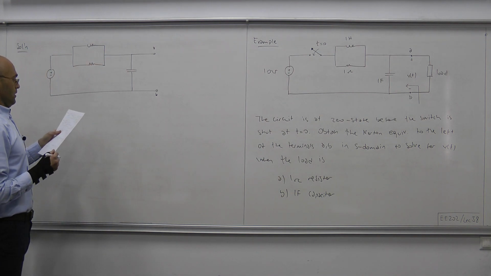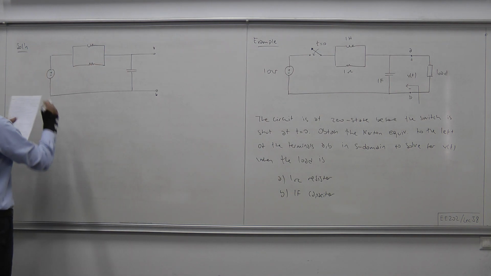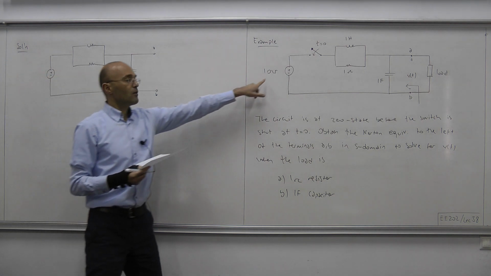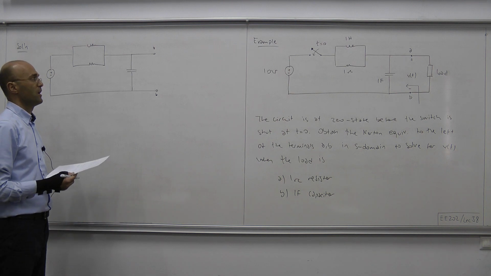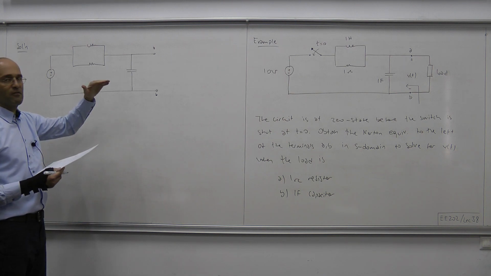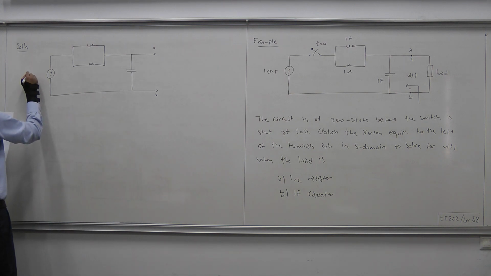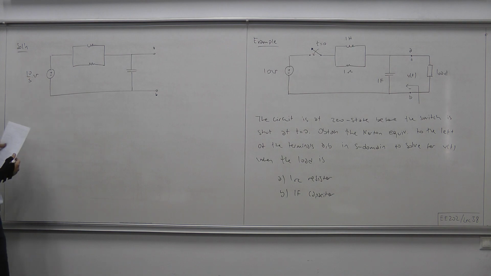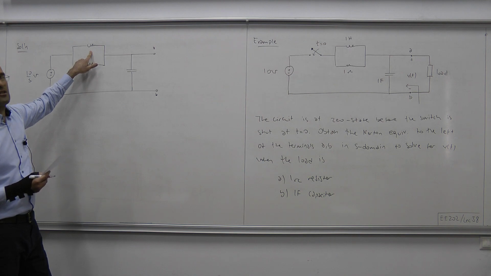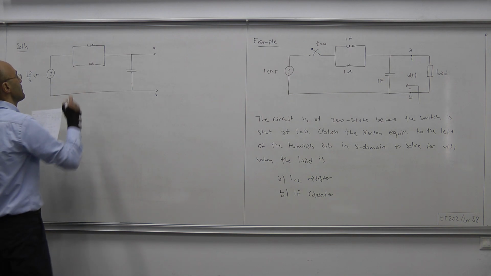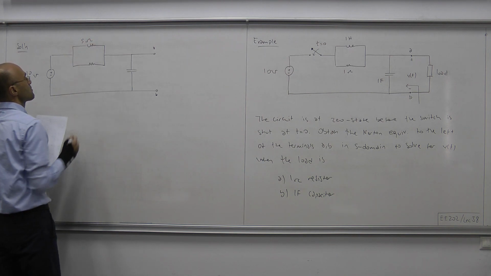Okay, now this is the voltage source in time domain. Since it's a constant source, in S domain it's just that value divided by S. So we have 10 over S volts. The impedance of the inductor is S times L, L being 1, we have simply S ohms.